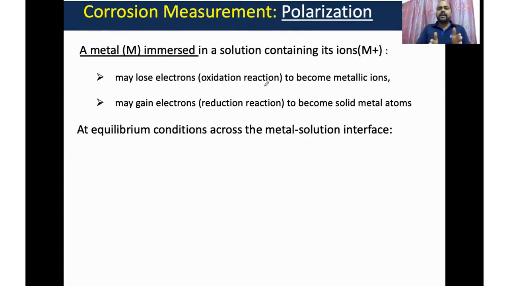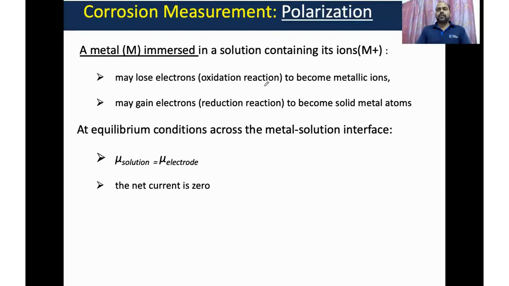At the interface, we will achieve equilibrium after some time. Earlier, there was a difference in chemical potential, the chemical potential of the metal and of the electrode. After some time, they will become equal. We will call this the equilibrium condition of the metal-solution interface, and then mu solution will be equal to mu electrode. If that is the case, then the net current is zero.